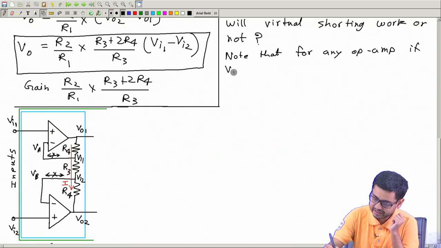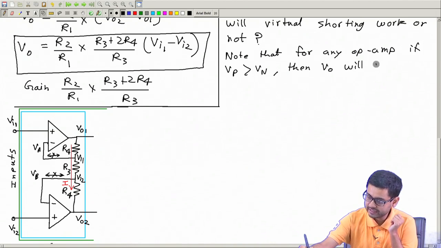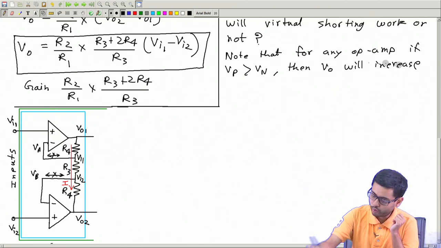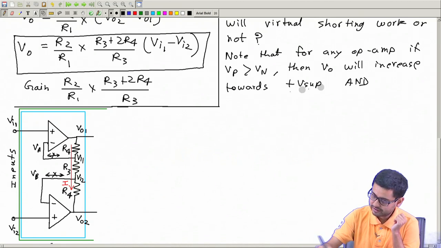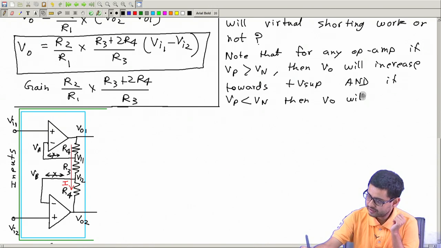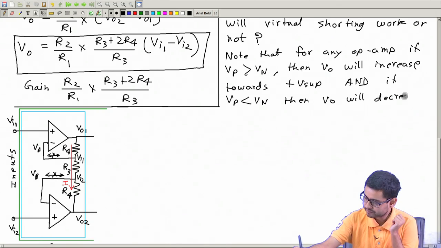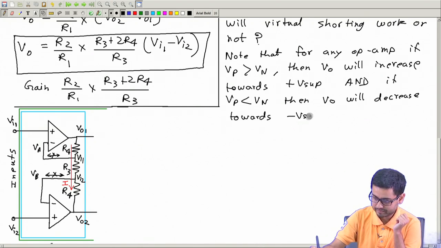if Vp is greater than Vn, then Vo output will increase towards plus V supply, and similarly if Vp is less than Vn, then Vo will decrease towards minus V supply.